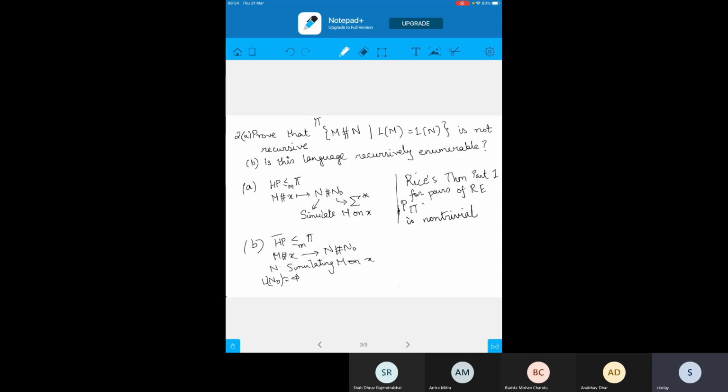Now, if M halts on X, then what I get is sigma star. And if M doesn't halt, L of N is equal to phi. Yeah, I think you're right.